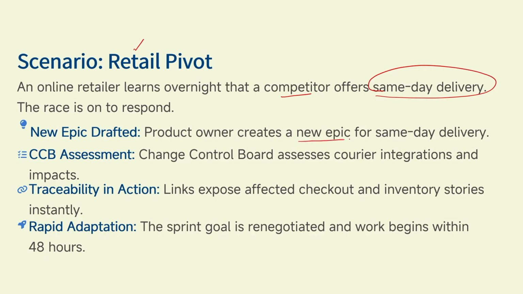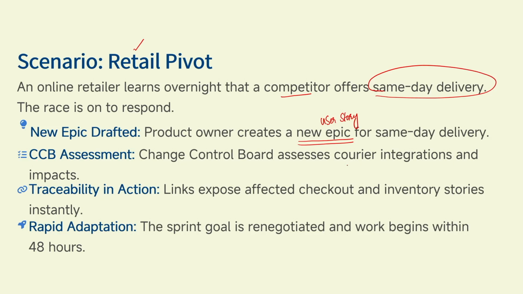The project owner creates a new epic or a user story. User story is a word that we have learned earlier, and it is named epic here. So they create a user story for delivering on the same day. The change control board, CCB, will assess what the problem actually is.